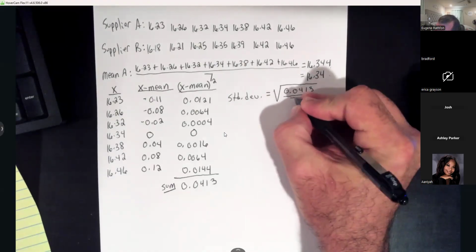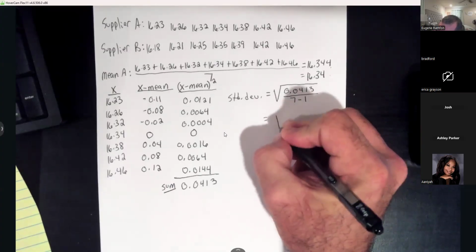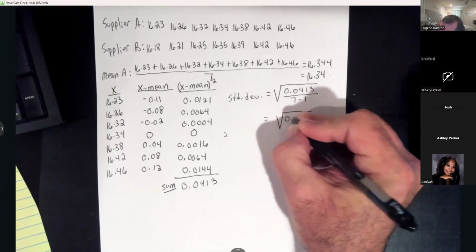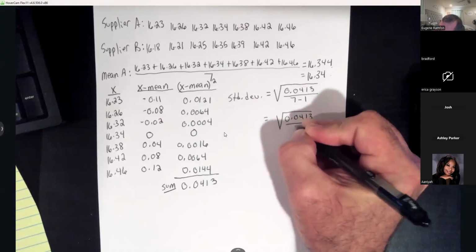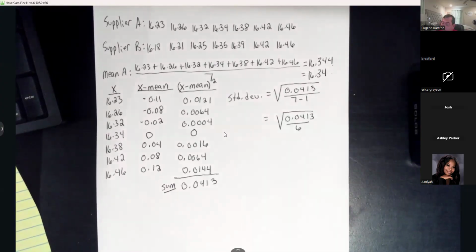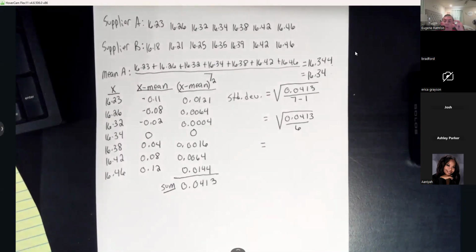So we had 7 data points. We'll subtract 1 from that. So y'all, that'll give me 0.0413 divided by 6. So y'all, let's go knock that out on our calculator.